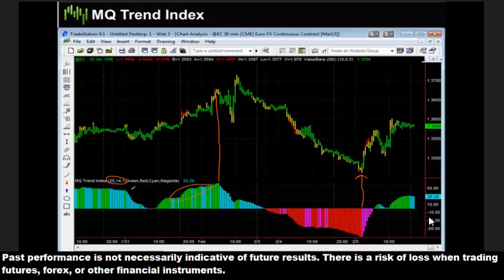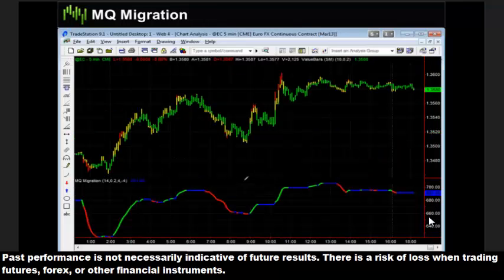The higher the parameter numbers here, the less sensitive it is to these type of corrections or gyrations with respect to the colors going from green to cyan in this overall uptrending environment. So there's a sensitivity aspect of this indicator, and the more sensitive you make it, the more rapid it responds to changing trends, but also the more vulnerable it is to false moves or whipsaws as well. And that goes really for every type of trending indicator on the market.